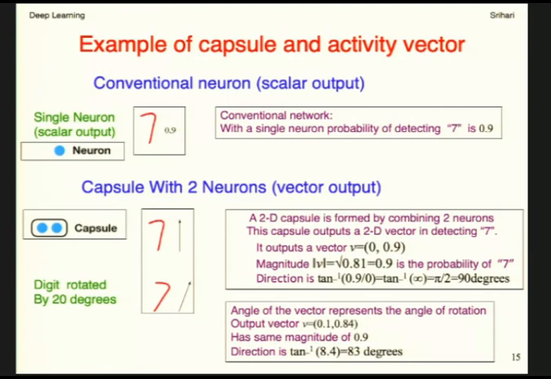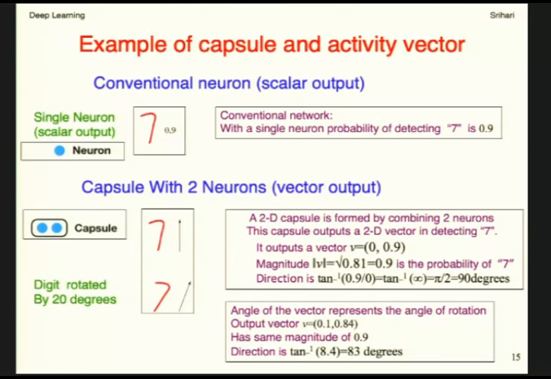So we got the same information, that the probability of 7 is 0.9. And we are also able to calculate the direction. There is a vector here of two values, 0 along the x-axis and 0.9 along the y-axis.